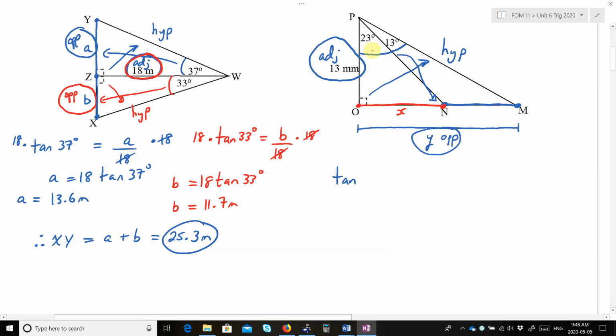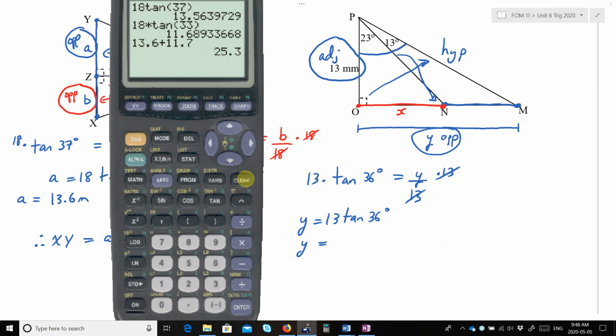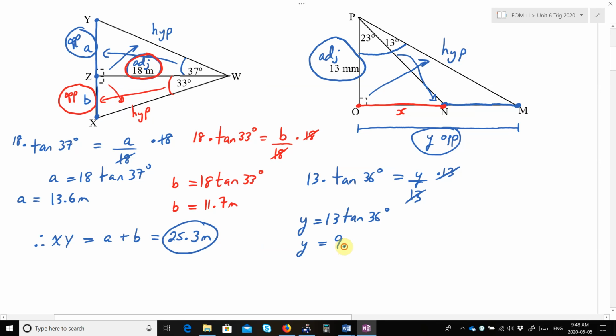So we would go tan of that whole angle, 23 plus 13, is what, 36 degrees? Tan 36 equals the opposite, Y, over the adjacent, 13. Multiply both sides by 13, and we get Y equals 13 tan 36 degrees, which is 9.4, and that's going to be millimeters.